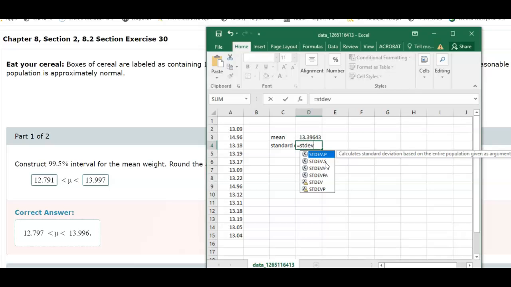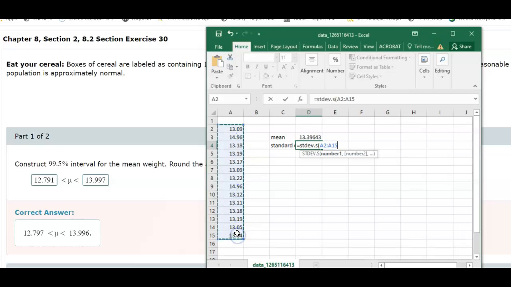We are working with a sample, so I'm going to do .S, open my parenthesis. Again, I'm going to click my left mouse button and hold it down, highlight those same boxes, and close my parenthesis.